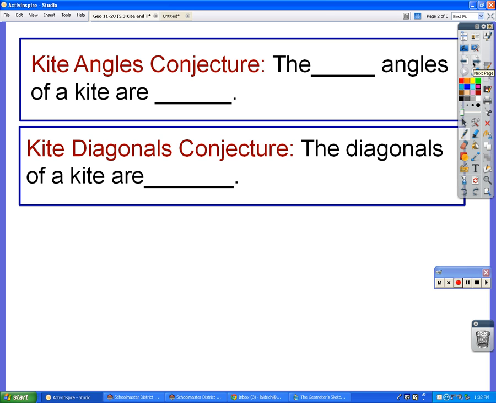And so we're going to go with right here, the diagonals of a kite are perpendicular. Okay? So first of 4 discoveries is that the diagonals of a kite are perpendicular.